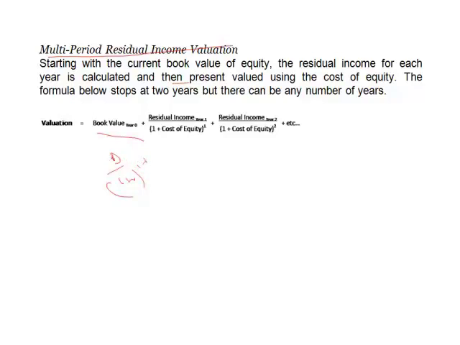So here, instead of dividend, it is residual income over 1 plus cost of equity for the first period. So residual income for the second period also all over 1 plus cost of equity to the power of 2, up to the last period as you wish to add.